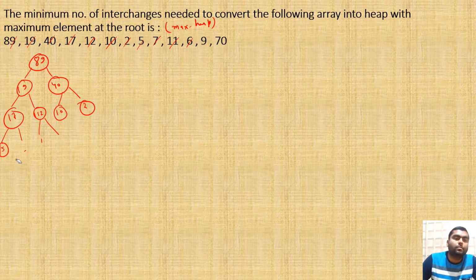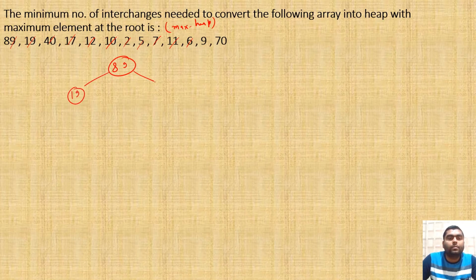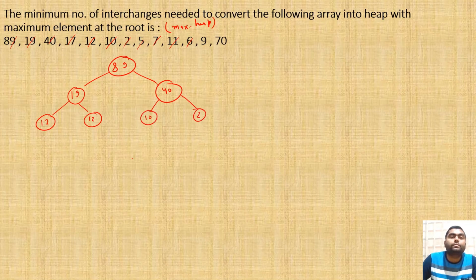Let me draw it one more time, so that it is very clearly visible. 89, then 19, then 40, then 17 and 12, and then 10 and 2, then 5, 7, 11, 6, no problem at all.